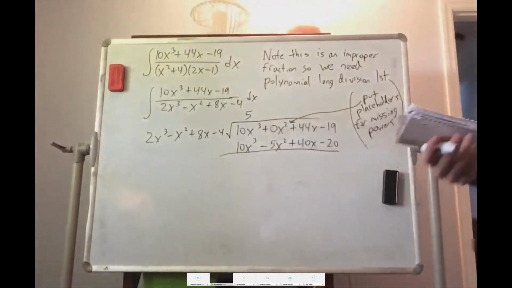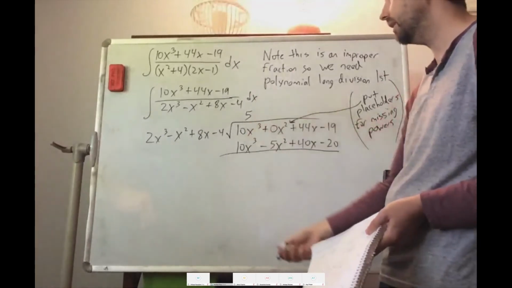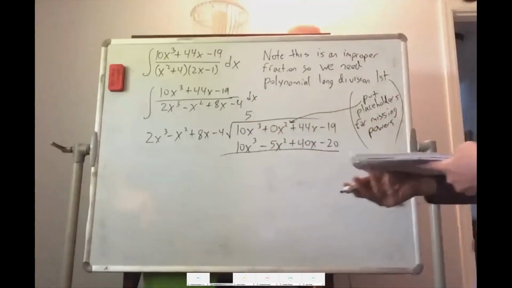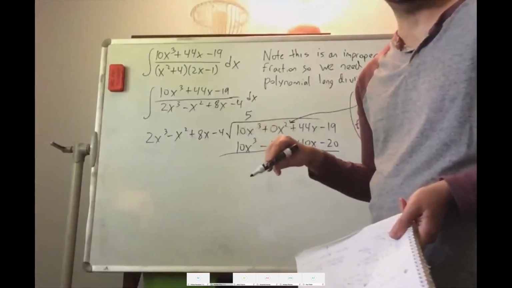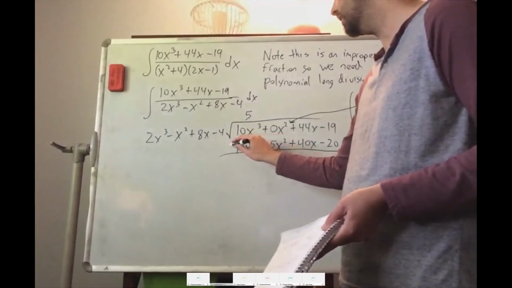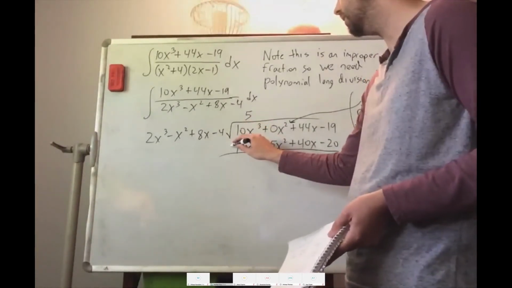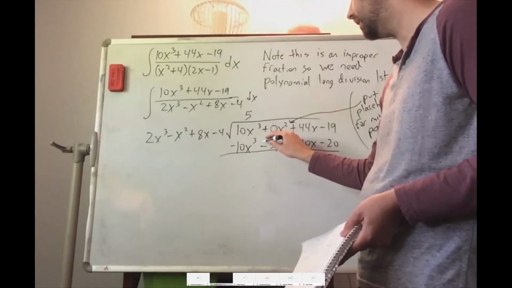Then just like you do in regular division, you subtract down, right? So what I would do, instead of subtracting in your head, because that gets people turned around, is I will change the signs and add instead. So I'll put a minus. This minus becomes a plus.